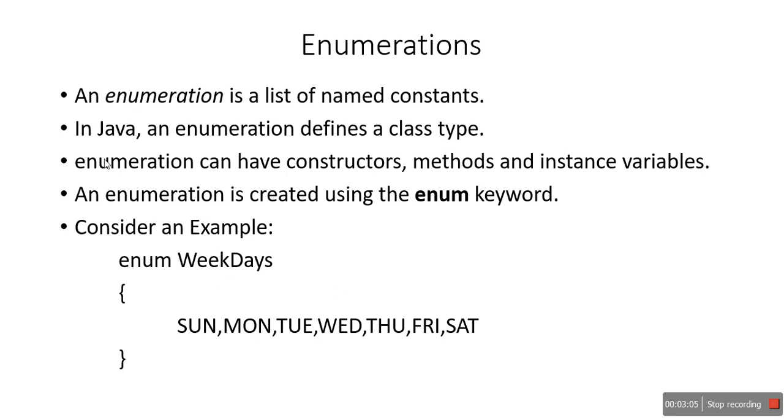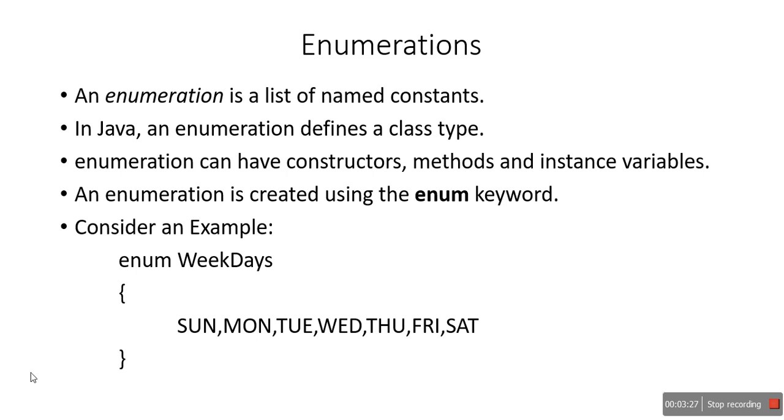We'll see with an example how it works. An enumeration is created using the enum keyword. See here in the following example, enum is created as weekdays. So enum is used to create enumeration constants or an enumeration type. Enumeration consists of a set of named constants.